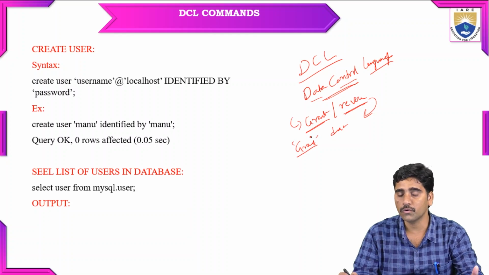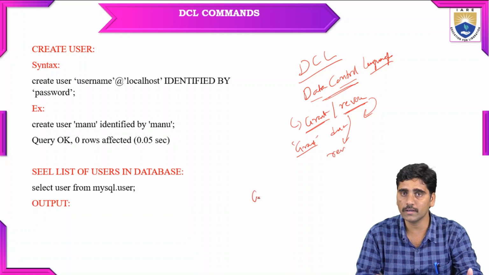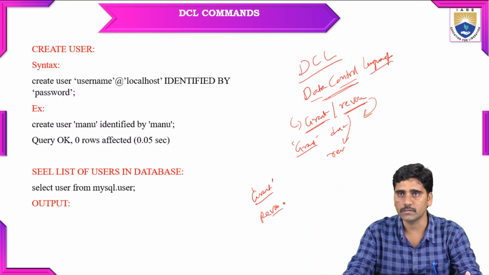Or else, if you want to roll back privileges from the user, you can use the command revoke. So grant and revoke are the two data control language commands.